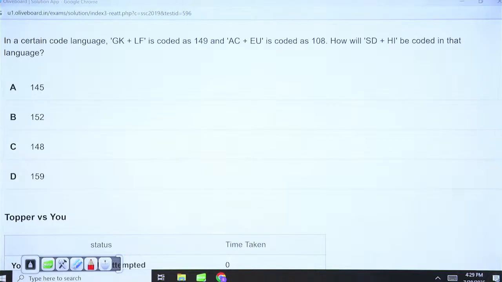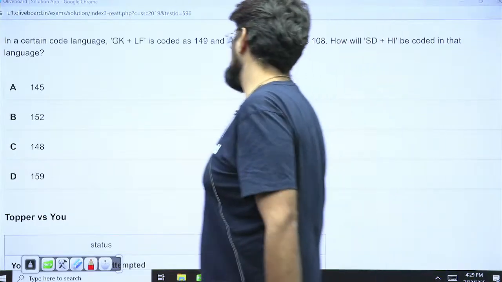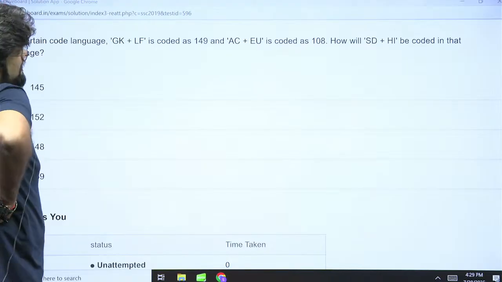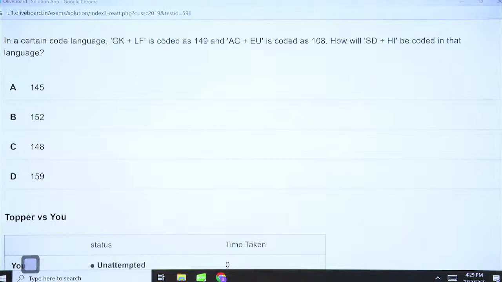GK plus LF is coded as 149 and AC plus EU is coded as 108. How will SD plus HI be coded in that language? This one is going to take some time. 7, 11, 18, 12 and 6, 18, 18, 18, 149.